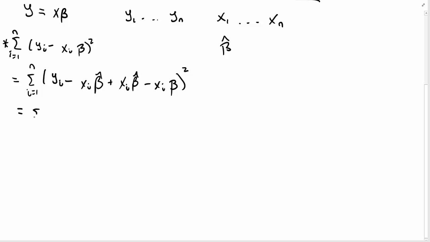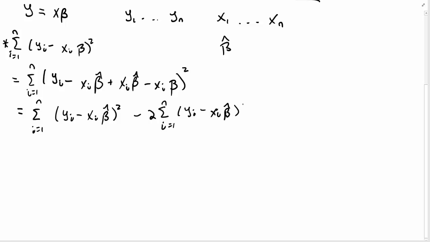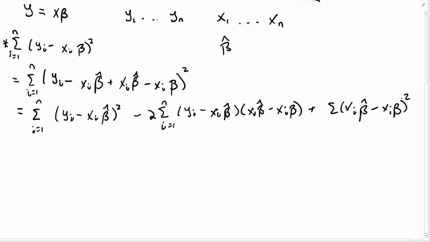I can expand this square: summation i equal 1 to n, yi minus xi beta hat squared, and I'm going to distribute my sum, minus twice the summation i equal 1 to n of yi minus xi beta hat times xi beta hat minus xi beta, plus the summation of xi beta hat minus xi beta squared.